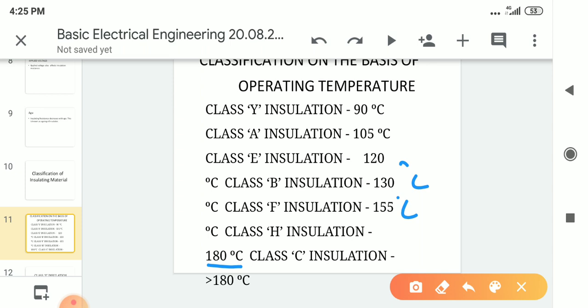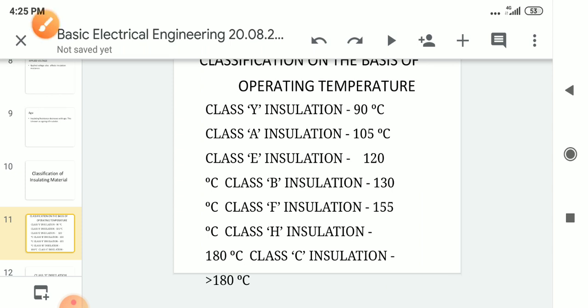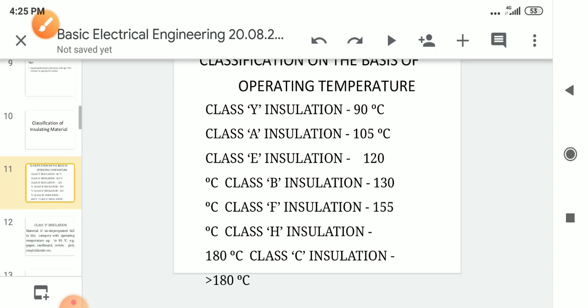Observe the surroundings you have. Right? This fuse has this type of material. Okay, these are the different types of insulation material: class Y, class A, class E, class B, class F, class H, class C.